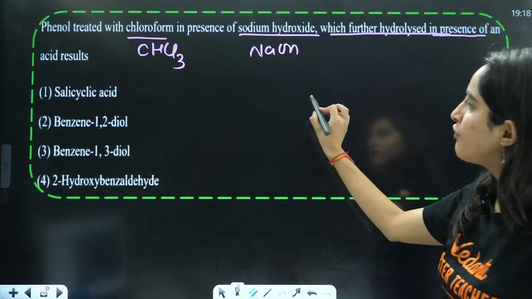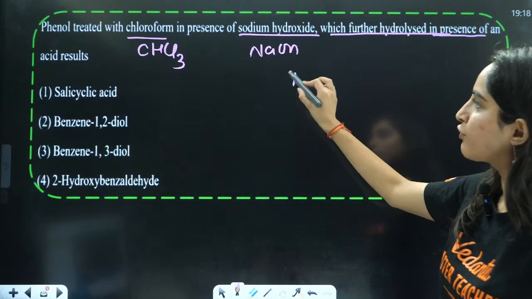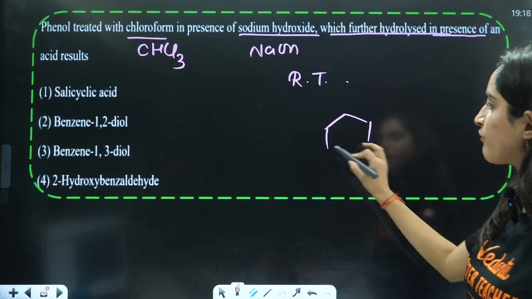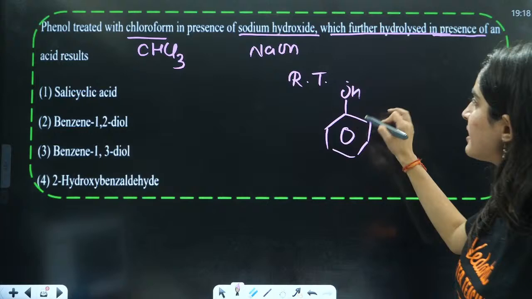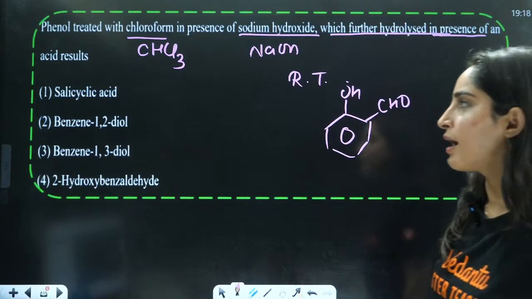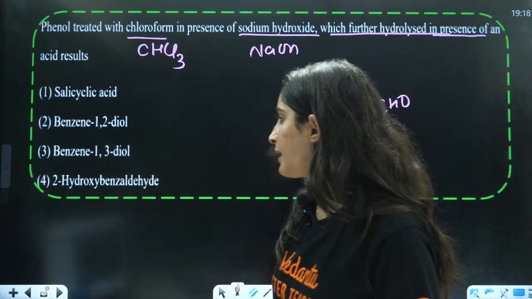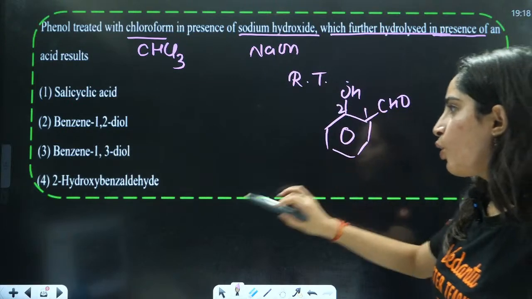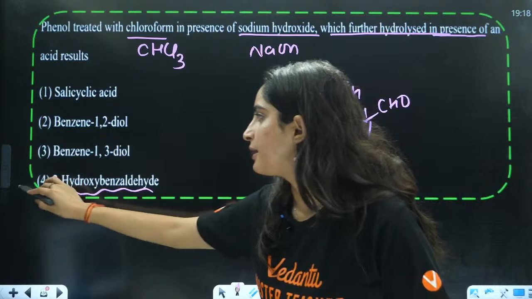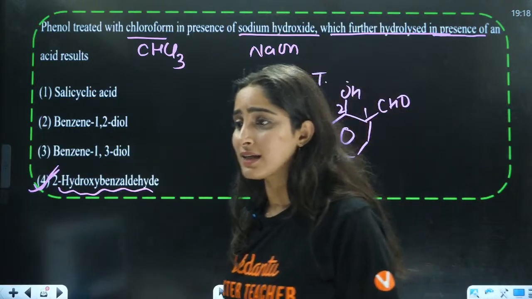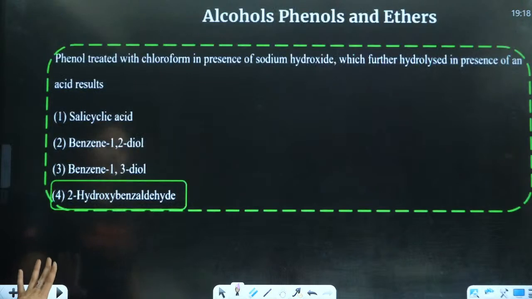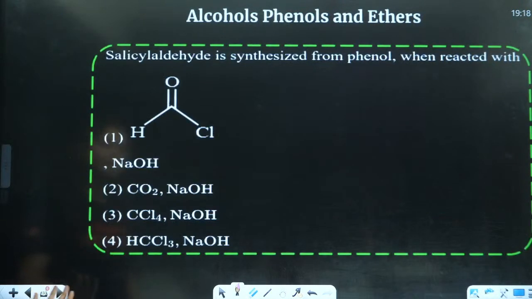Here they are talking about the Reimer-Tiemann reaction, where you have the formation of salicylic aldehyde, which is called 2-hydroxybenzaldehyde. So the 4th is the correct answer. Very good.